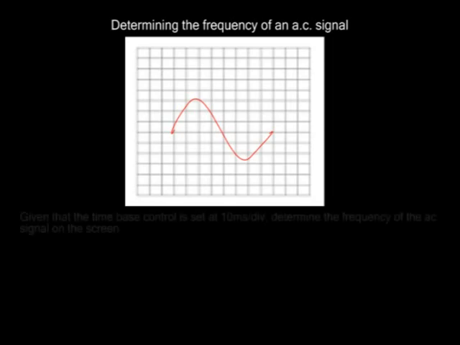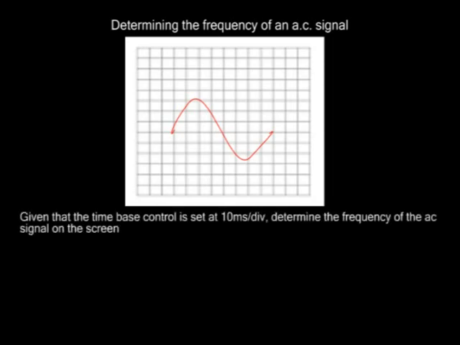For example, if we take this graph and the time-base control set at 10 milliseconds per division, we can determine the frequency of the AC signal on the screen. Time-base setting is given as 10 milliseconds per division. The number of cycles shown here is 1. Number of divisions covered by 1 cycle is 8.